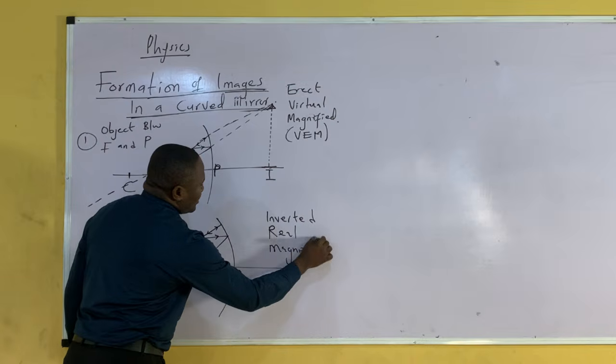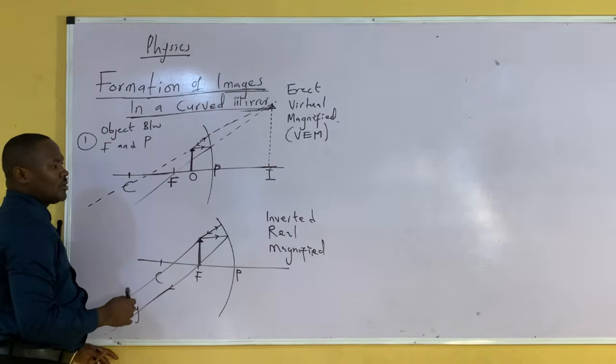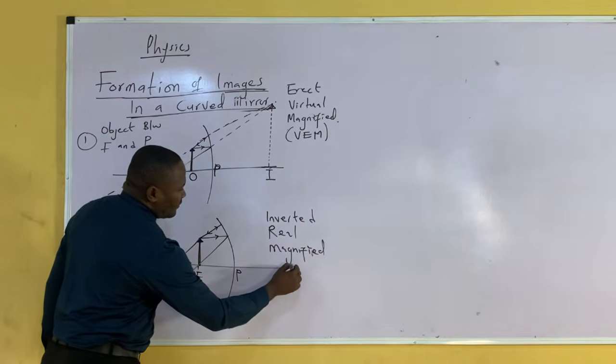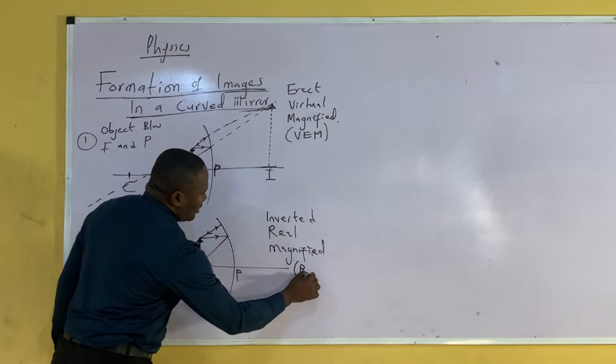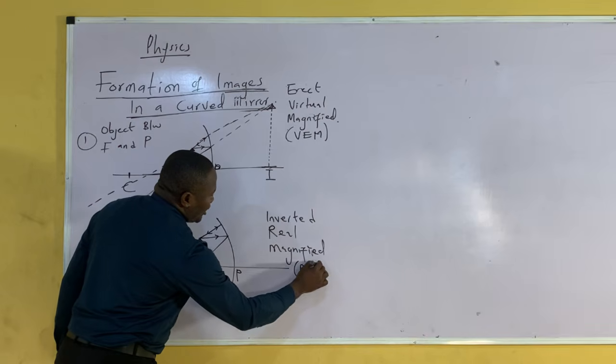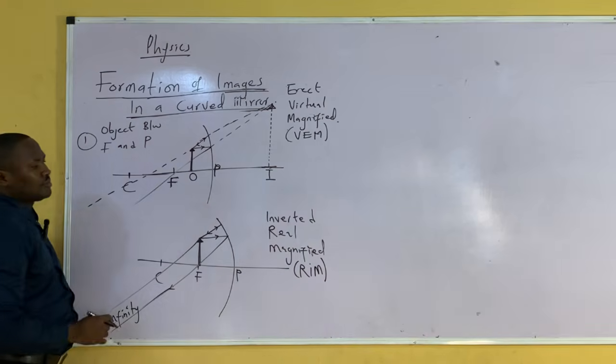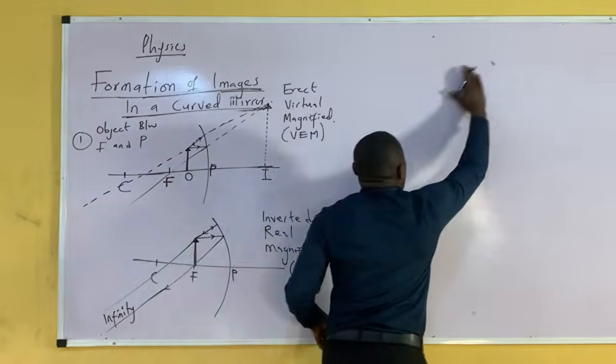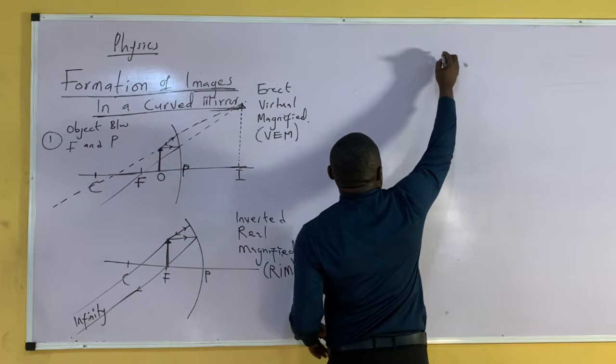Wherever it will ever meet, it will be larger than the object. So if you have that as an acronym, we have it as RIM: real, inverted, and magnified.